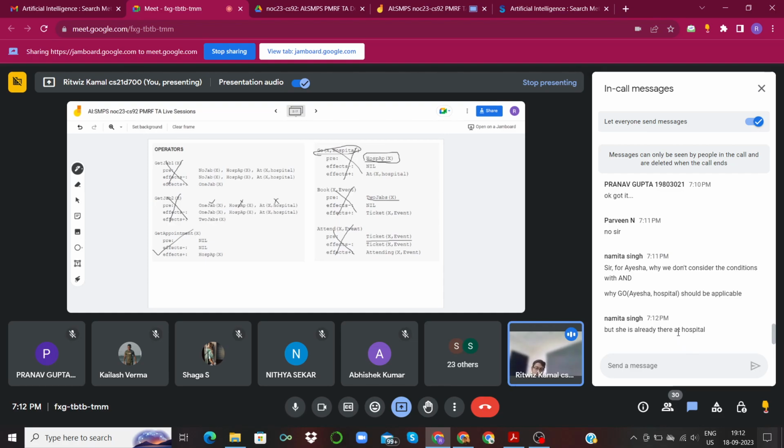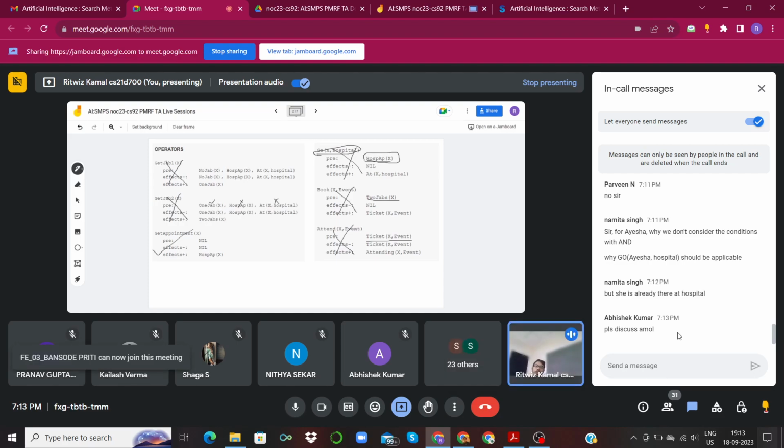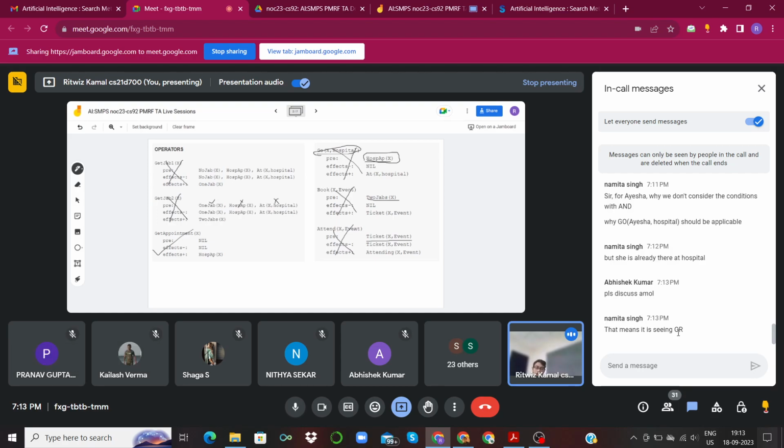Yeah, again, circling back to the same argument that I was giving earlier, we know that Aisha is already at the hospital, but the AI machine that is solving it does not consider those facts, right? It will just simply see for which of these operators the preconditions are matched or not. If the precondition is matched, the machine will say that, okay, this is one potential candidate operator that you could apply.